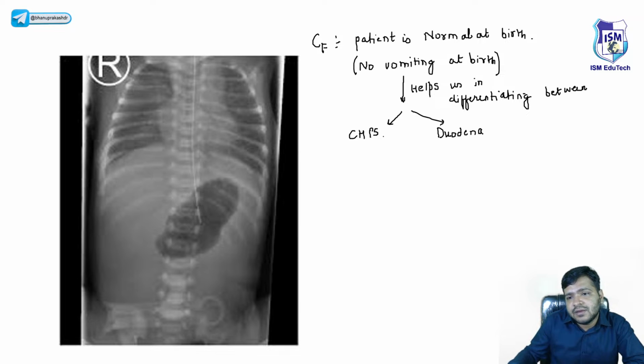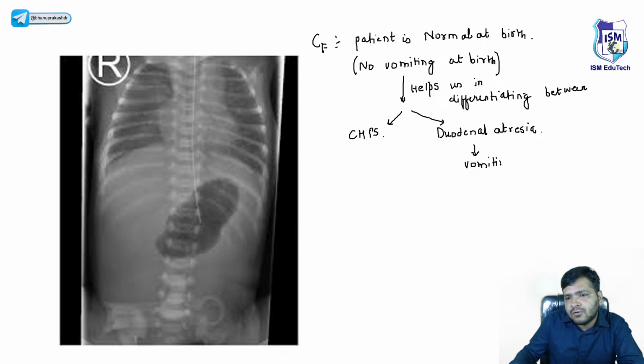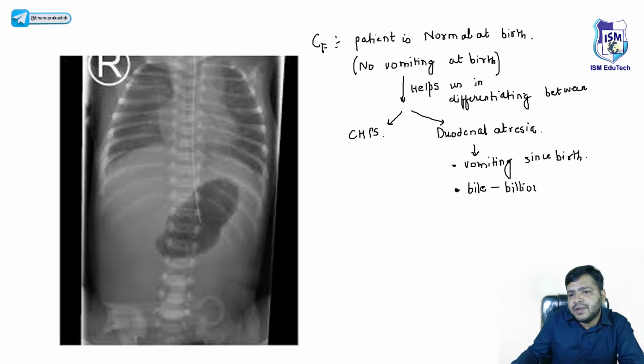I will discuss this in duodenal atresia also, guys, when I discuss the development of the duodenum tomorrow. So in duodenal atresia, vomiting is present since birth, and the vomiting will contain bile. So it is also called bilious vomiting.